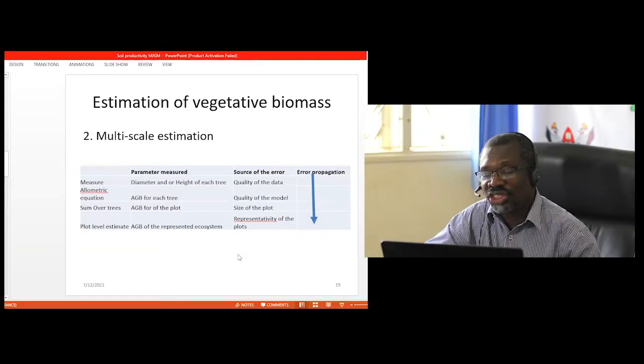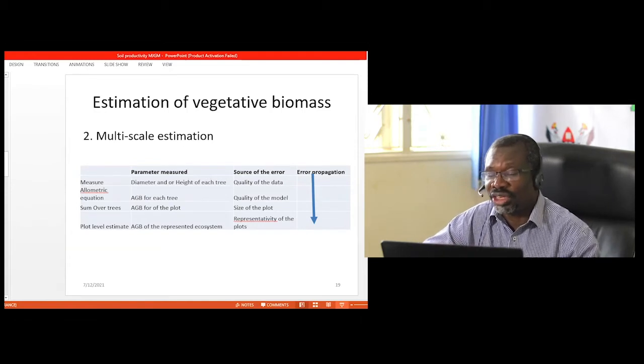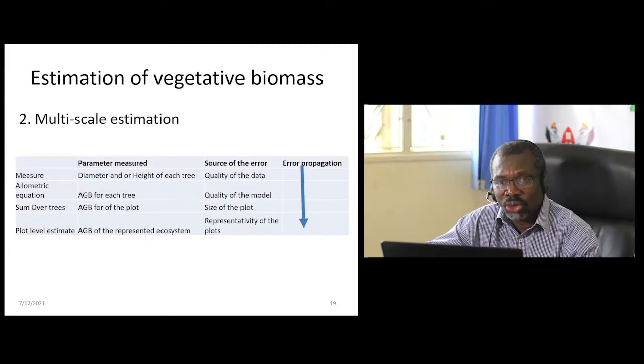I was discussing the different approaches to estimate vegetative biomass, and I was saying measurement can be done at a small scale and extrapolated to a larger scale.